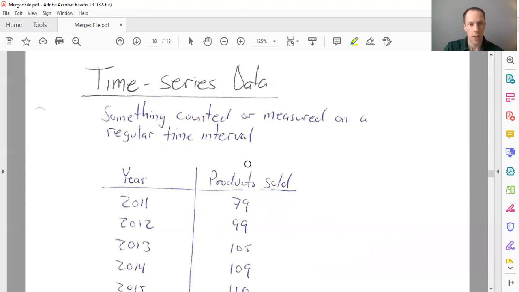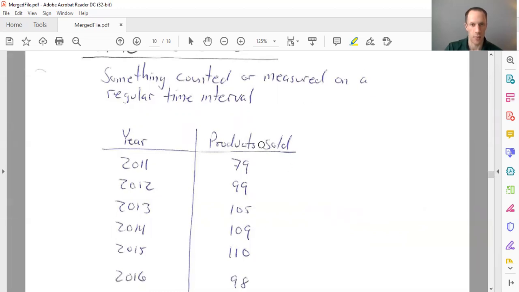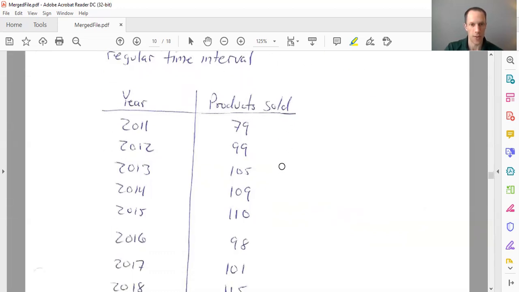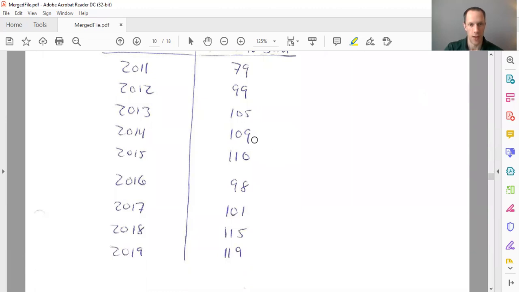So let's say we owned a car dealership or something like that, and every year we tallied up how many cars we sold. So in this case, think of product as cars. So in 2011, we sold 79 cars, 2012, 99 cars, 2013, 105 cars. Every year we sold so many cars.